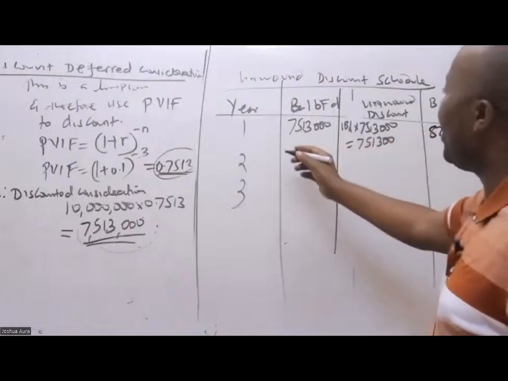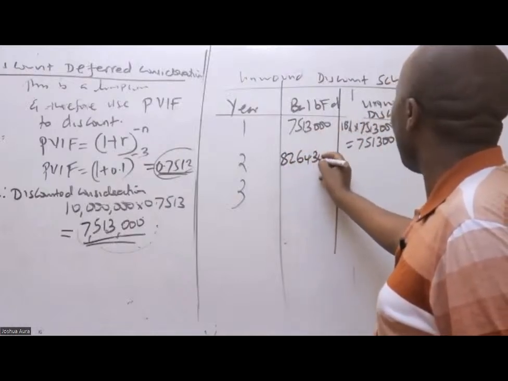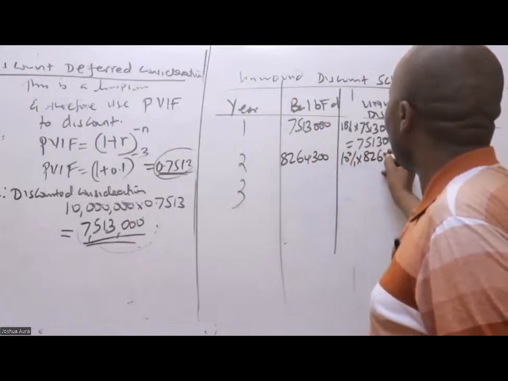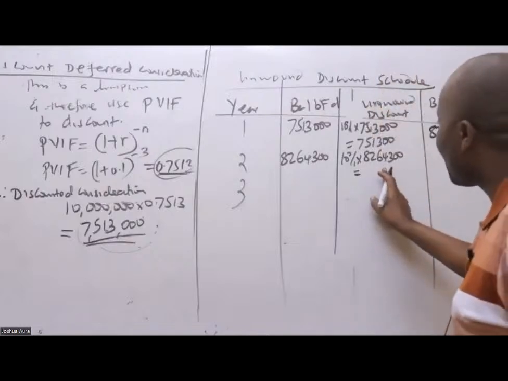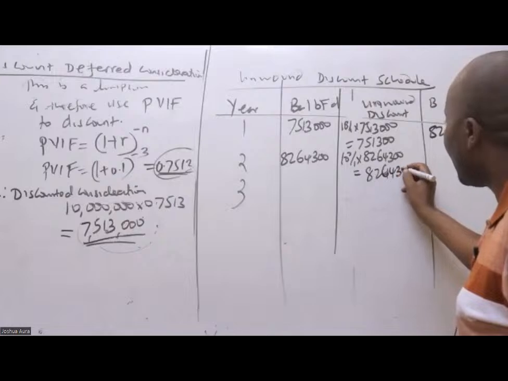So when you come here, year 2, this is what you bring forward here: 8,264,300. Apply 10% on it. So 10% on 8,264,300. Is there somebody who can give us this figure very fast? So this will be 826,430.